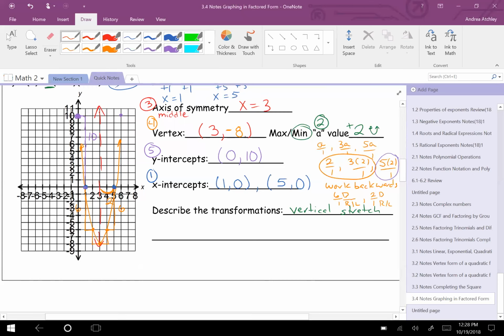Okay, so the y value is -8. So what does that tell me? Is negative up or down? Down. And so I'm going to put down 8. So you just look at your vertex and describe how I get to the vertex, which is going down 8. Okay?